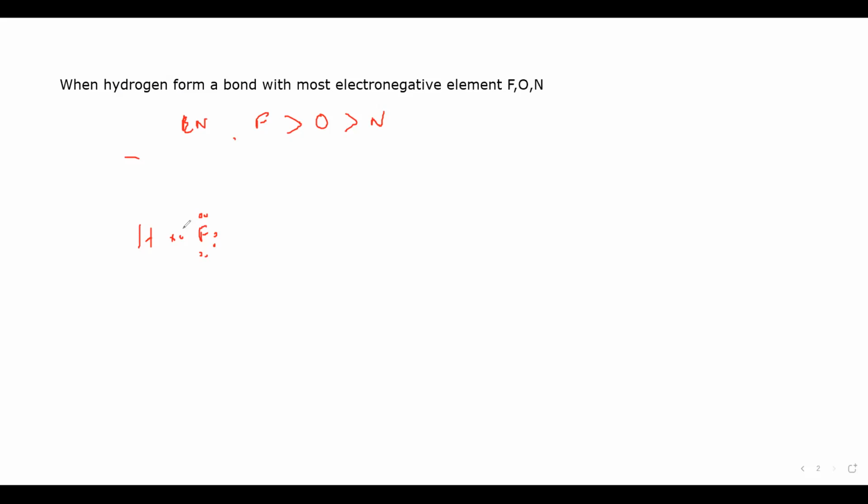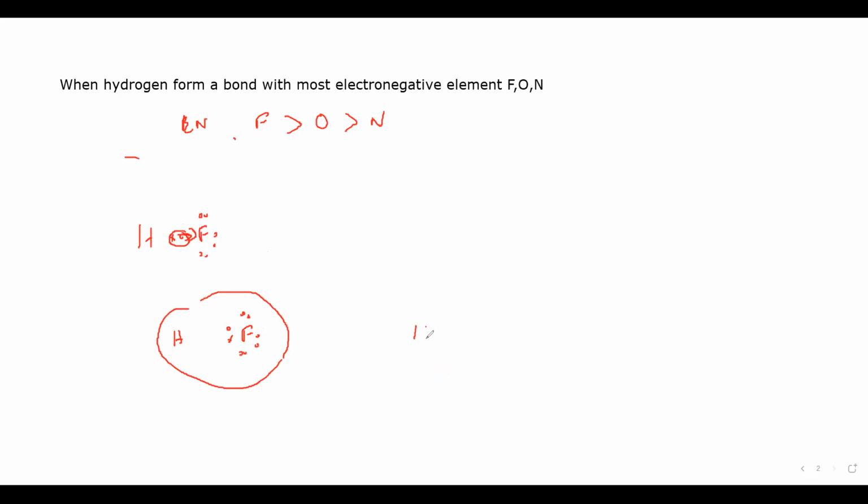But fluorine is more electronegative, so what happened? The bond pair is completely shifted towards fluorine. So it appears that the hydrogen does not have any electron.